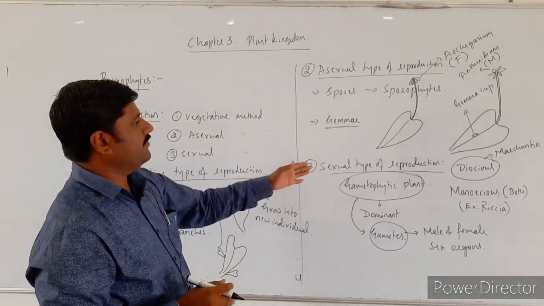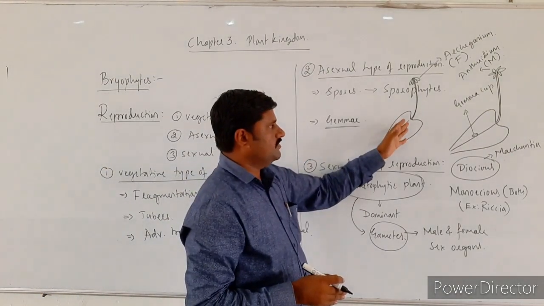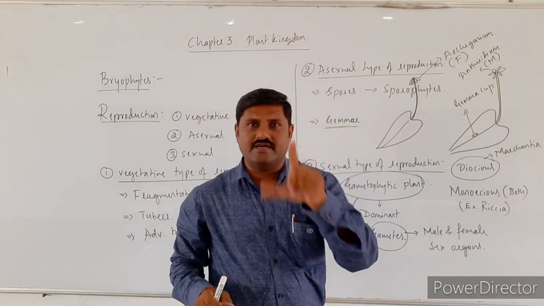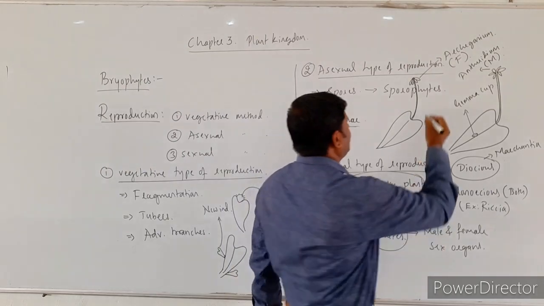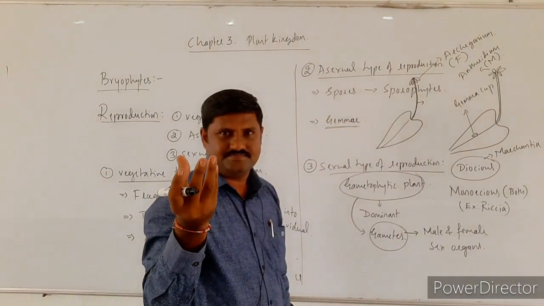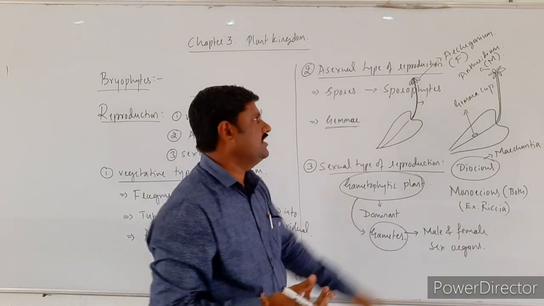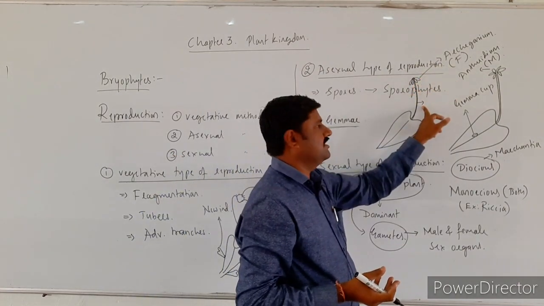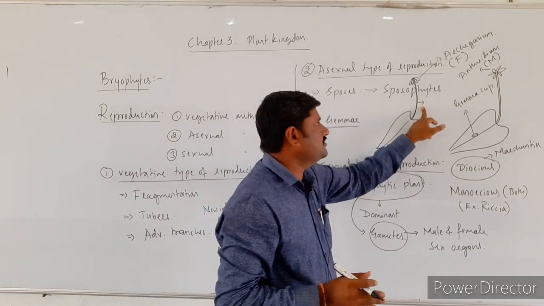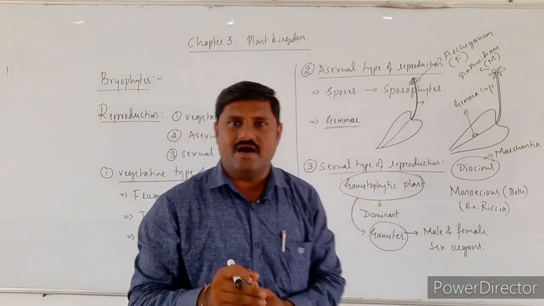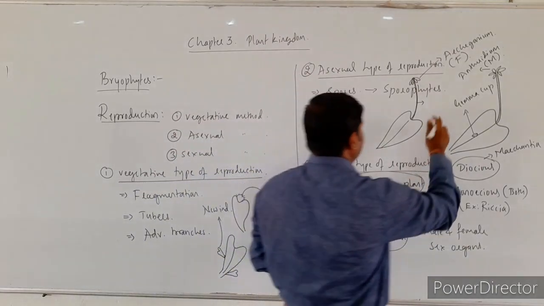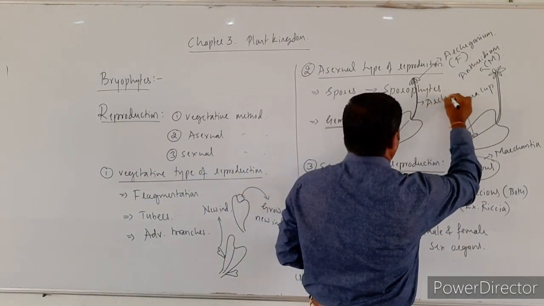So what happened now? We came to know how the sex organs are produced over here. They are stalked receptacles. See here, this is a stalk on which the receptacle is formed, and the archegonium is formed on this stalked structure. This stalk itself is called archegoniophore.